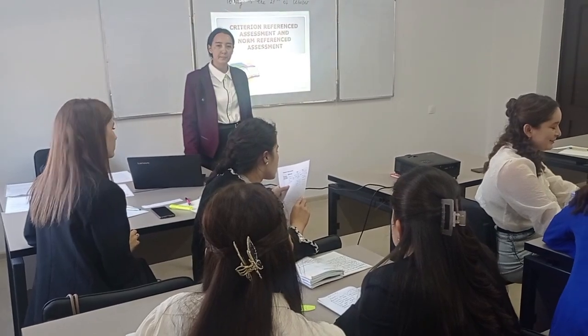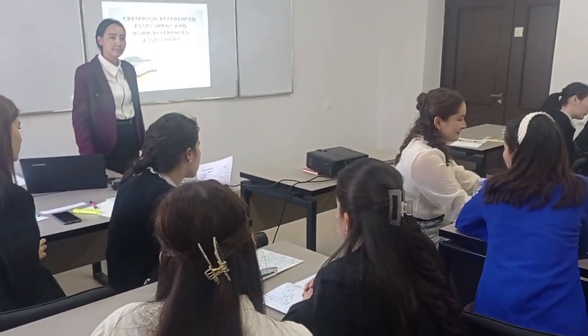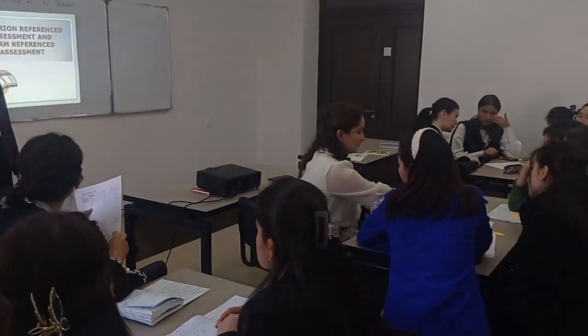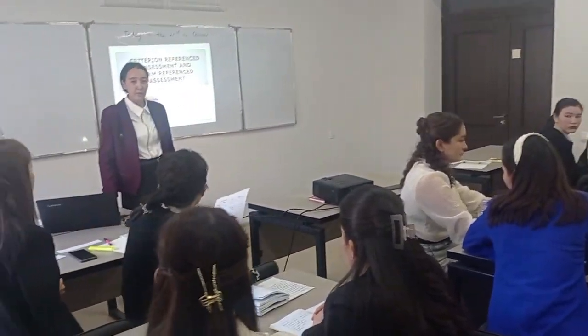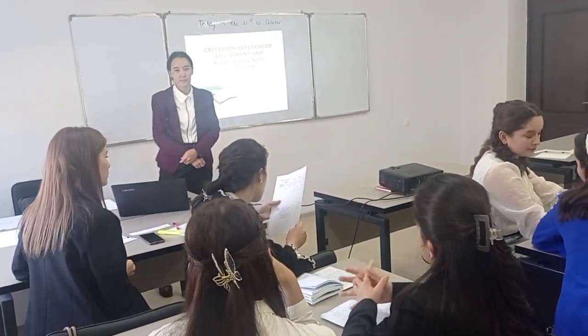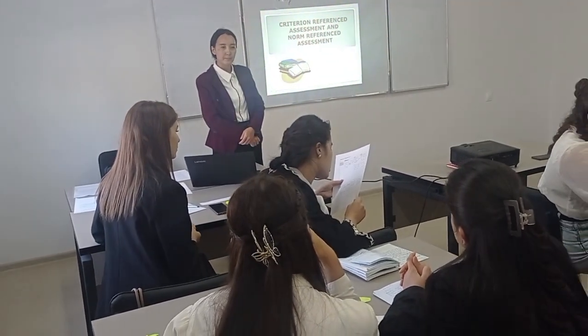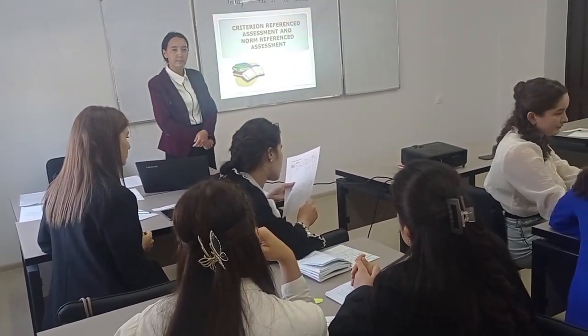Cons: hard to know just where to set the boundary, and lack of comparison. There is no clear rule. And pros of norm-referenced assessment: all students are assessed, and cons: it may be unfair because it leads to competition among students.